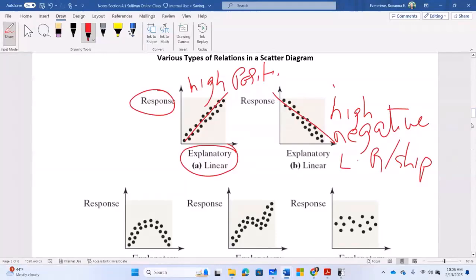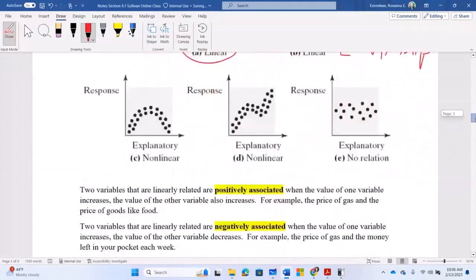Now, let's go to the next one. Okay, this is non-linear. It is not a linear relationship because I can see that the graph looks like a quadratic equation. This one looks like a parabola with a maximum point. So this is not linear. And this one is also not linear because it looks like a cubic equation.